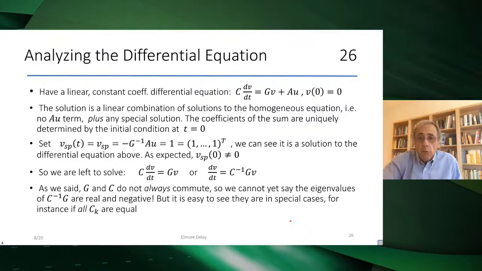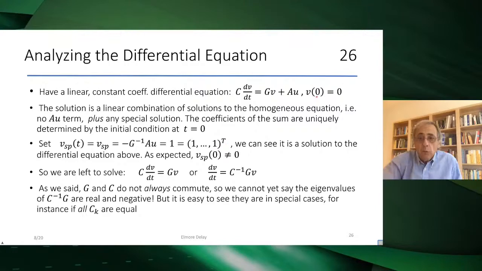Remember, we have a nice differential equation with constant coefficients and an initial condition. If you remember your first class on differential equations, when you have an equation of this type, you have to find a special solution, and then you take the homogeneous equation, meaning you put AU equal to 0, and you're done. And very easily you see, by computing the AU term, that a constant solution is okay.